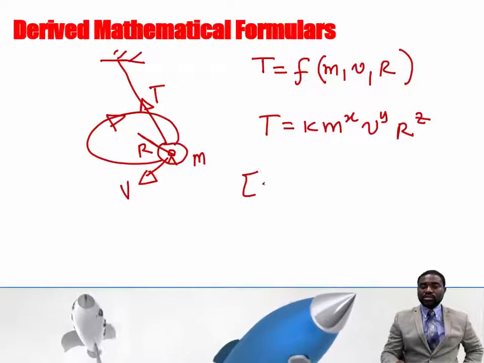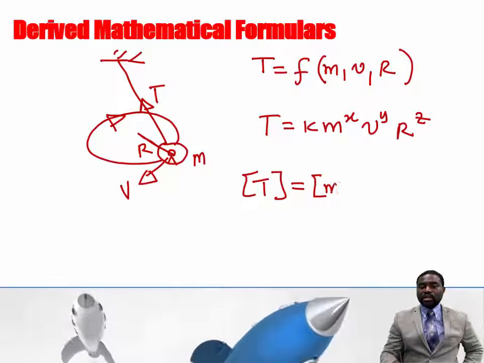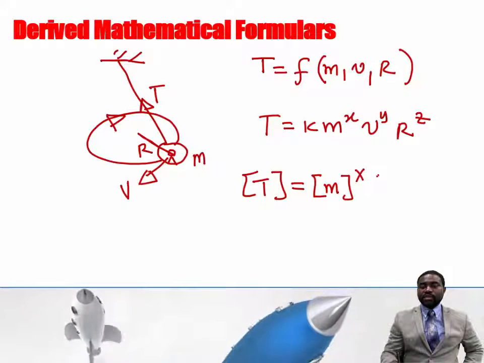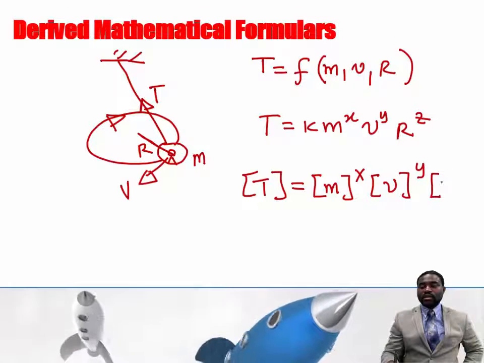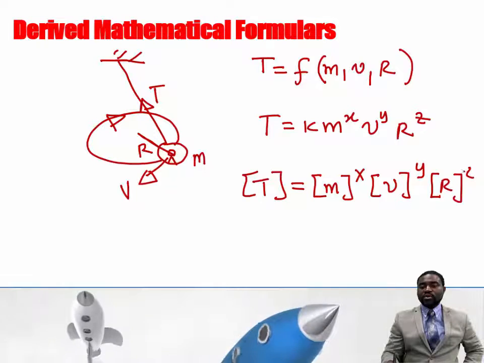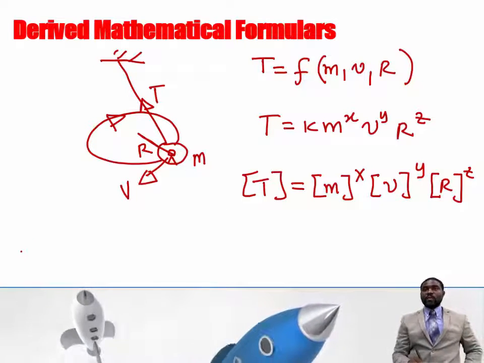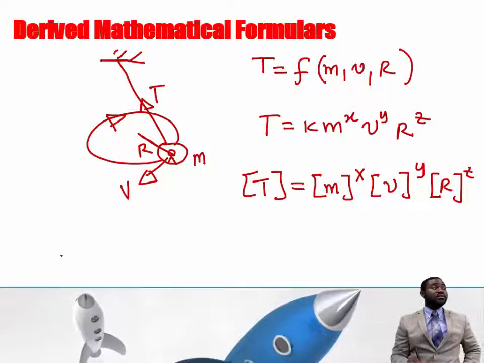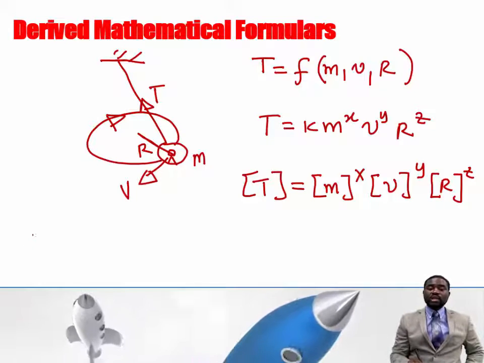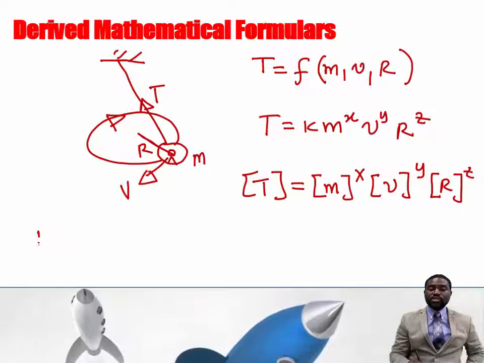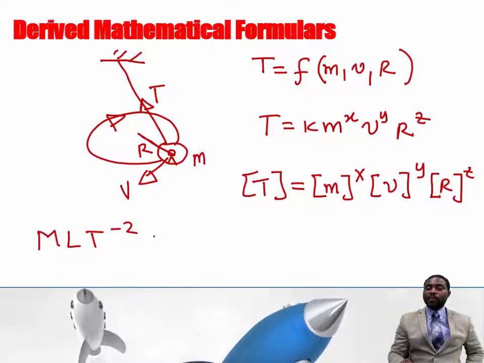Therefore, the dimensions of T will be equal to the dimensions of what? M, all raised to the power x, the dimensions of v, all raised to the power y, and the dimensions of r, all raised to the power z. Tension is a force. Remember the second class? We talked about tension being a force, and we know that the dimensions of a force is what? MLT^-2.